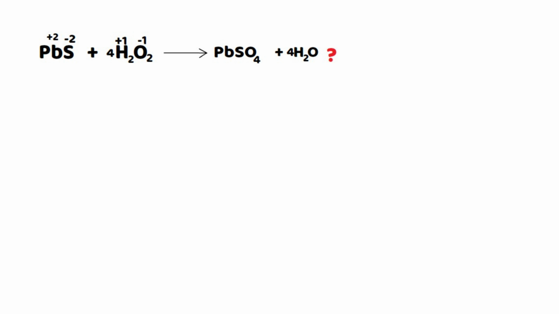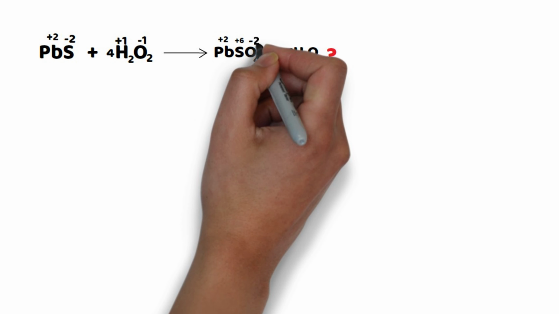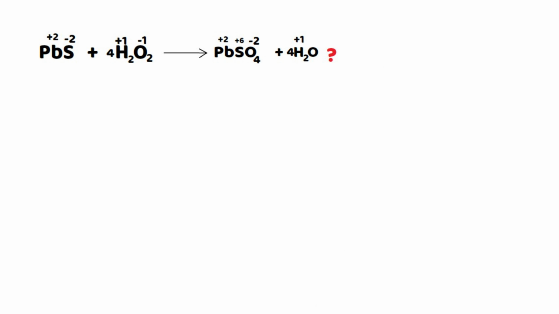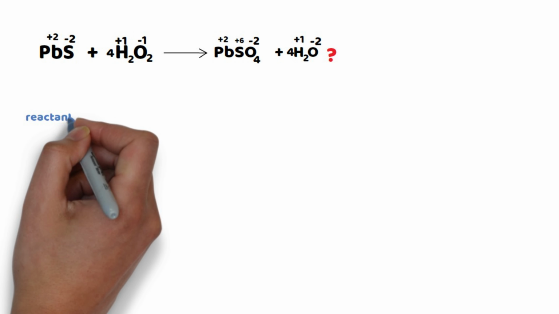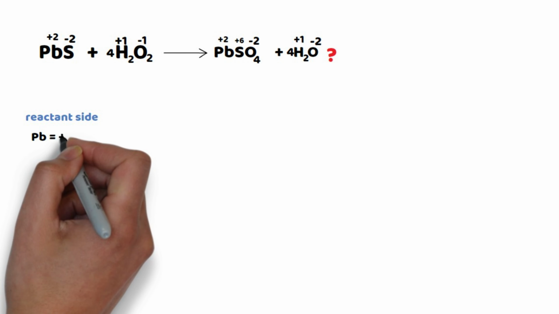To answer such a question, let us assign oxidation numbers for each atom in this chemical reaction. The oxidation number of lead is +2, the oxidation number of sulfur is -2, the oxidation number of hydrogen in hydrogen peroxide is +1, and that of oxygen is -1. The oxidation number of lead in lead sulfate is +2, the oxidation number of sulfur is +6, the oxidation number of oxygen is -2, and the oxidation number of hydrogen in water is +1 and that of oxygen is -2.